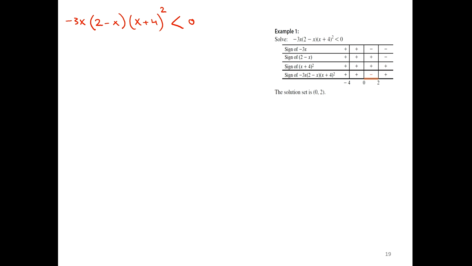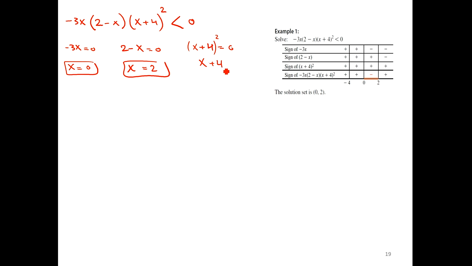Firstly, solve negative 3x equals 0, 2 minus x equals 0, and x plus 4 equals 0. Dividing by negative 3, we have x equals 0. This is the first solution. The second, x equals 2. And the third, x plus 4 equals 0, so x equals negative 4.